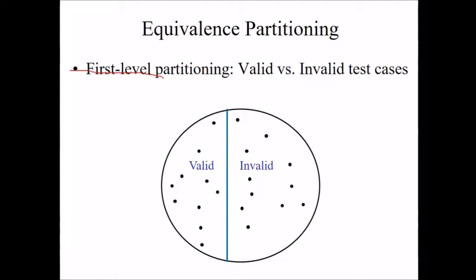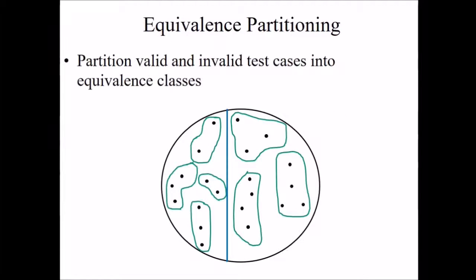This is first level partitioning. First we have to see whether the test is valid or invalid. First we have to partition on the basis of validity. This is what we call the first level partitioning. This is valid, these are invalid. Now partition valid and invalid test cases into equivalence classes. This is how it is done. We partition them, meaning these two test cases are similar.